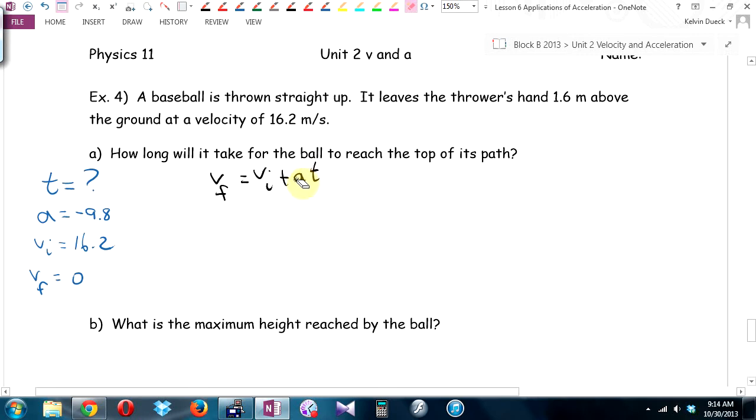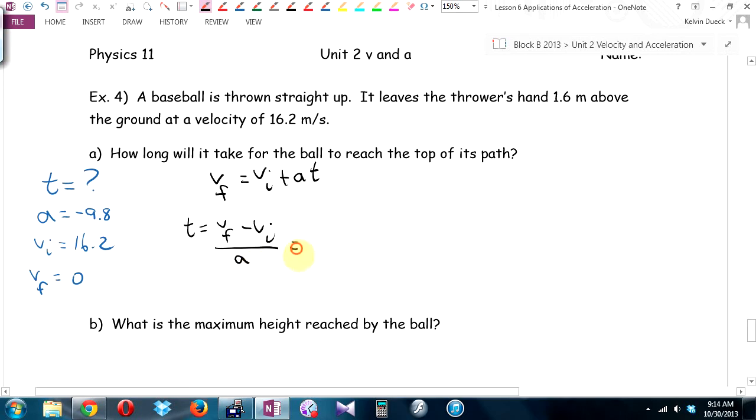I'll deal with the A last, but I got to move the plusy minusy things over. How can I move the VI over? Minus it and then divide by A. So are you saying that the final would drop down like a domino, you would minus the V initial and divide by A? Smarter than you look? No, I came out right. Make that a compliment.